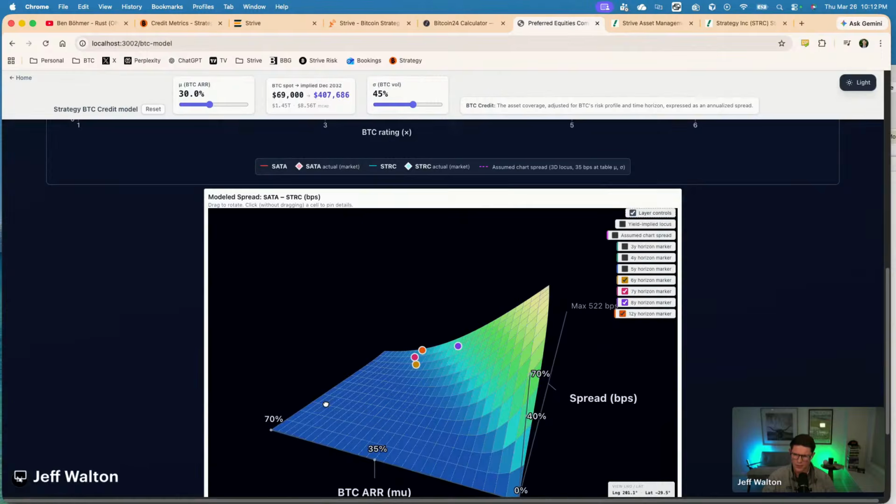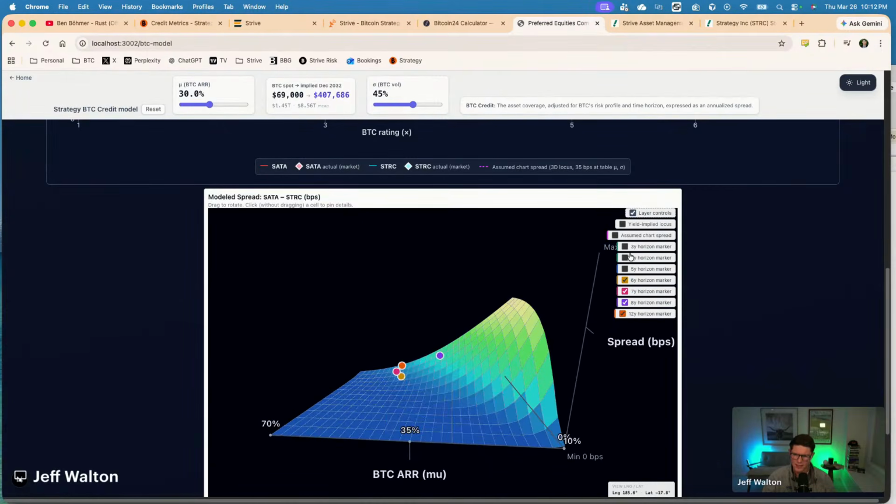Okay, now the one thing that's fascinating is if you include here the assumed credit spread. So this is the assumed credit spread based on these assumptions, 30 and 45%. They're effectively in line on the efficient frontier of those historical time horizons. You plug in some shorter time horizons and it's a little bit more scattered, right?